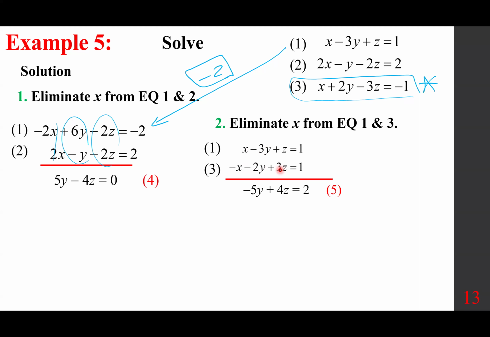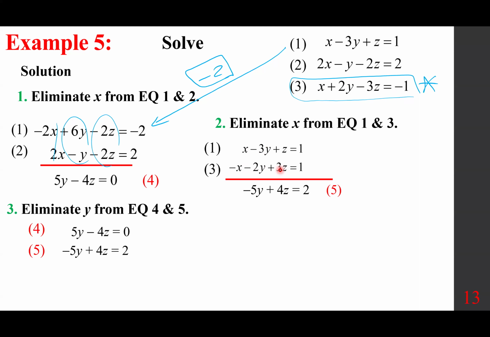Here's the reason I did that. Take a look at the third step. I'm going to put those two together to eliminate something from them. And when I put them together, the y's cancel out, right? These two cancel out. The z's cancel out too, but the right side becomes 2.